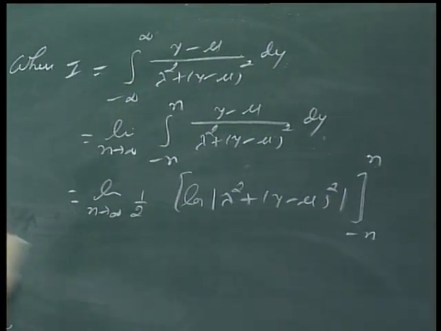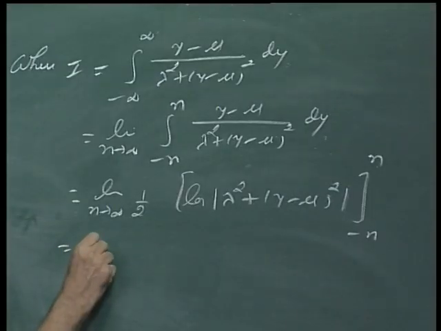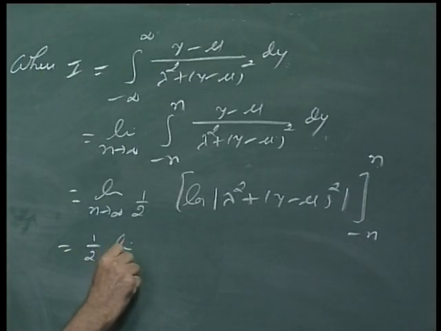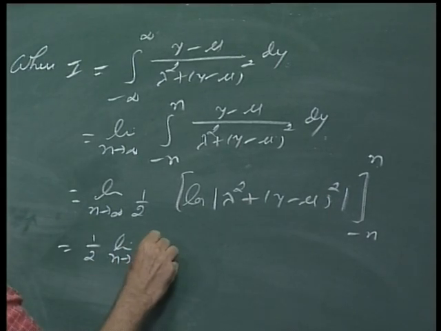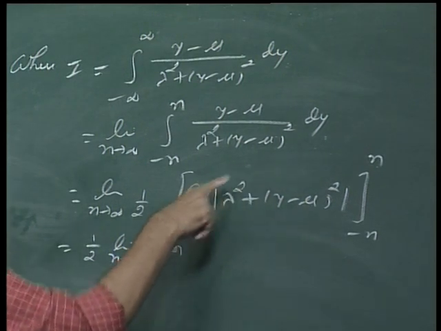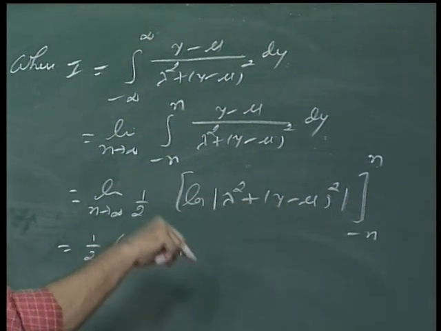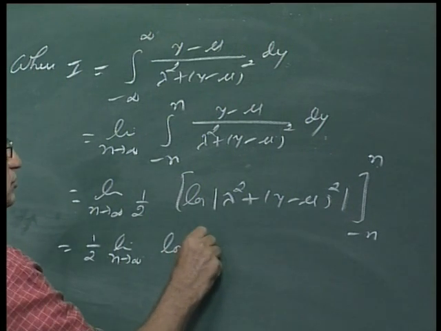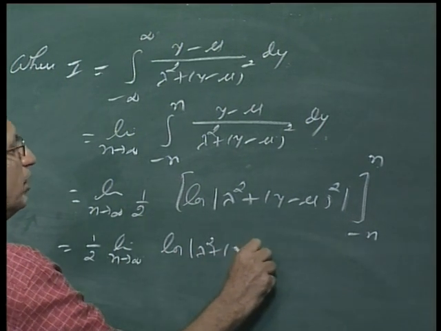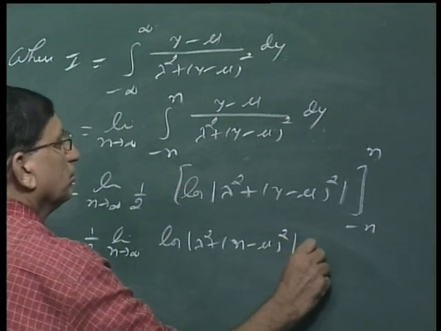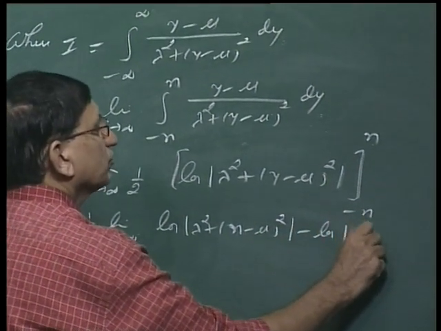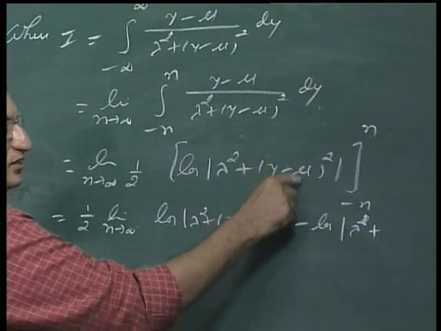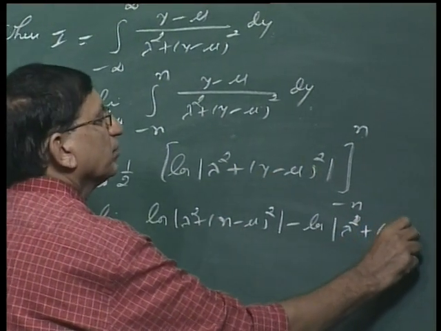So this is equal to 1 upon 2 limit as n tends to infinity of log, just replace y by n, then replace y by minus n and take the difference. So log of lambda square plus (n minus mu) square minus log of lambda square plus (minus n minus mu) square, which I can write as (n plus mu) square.